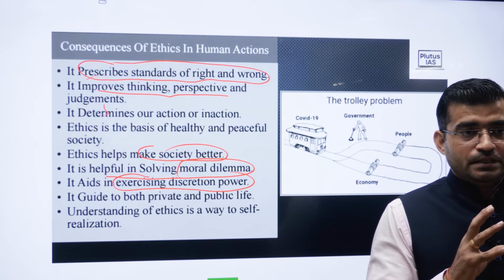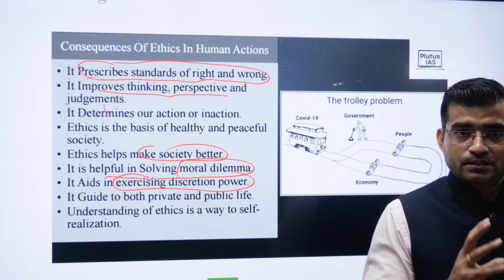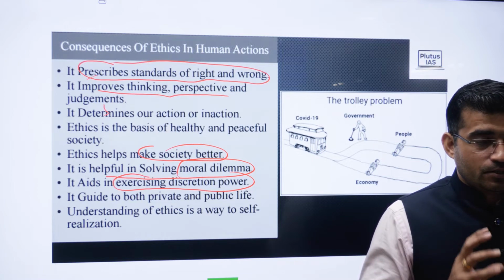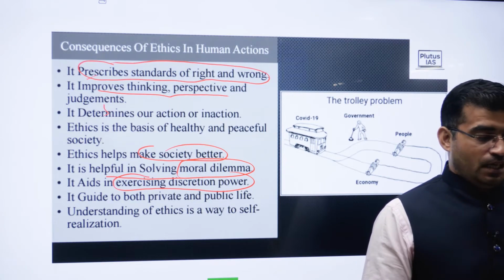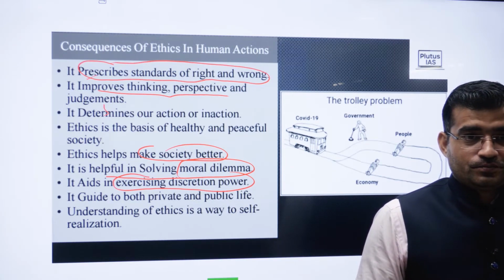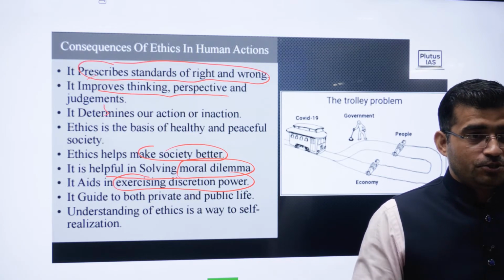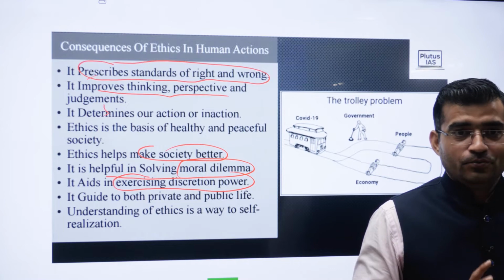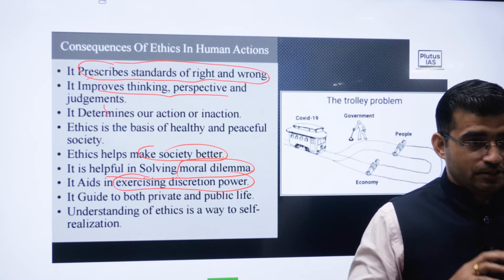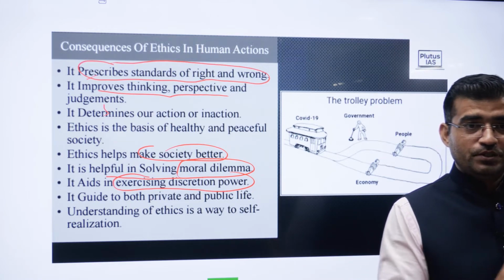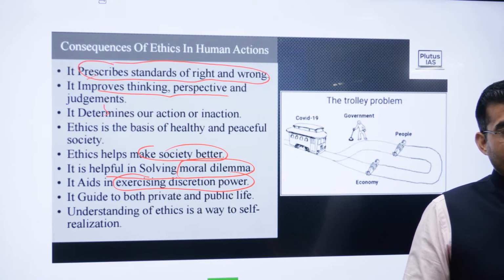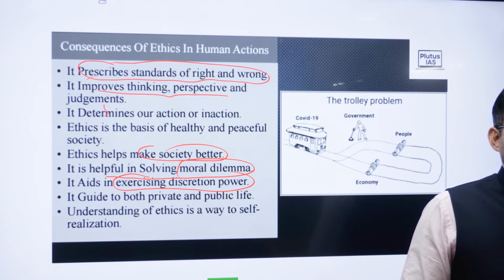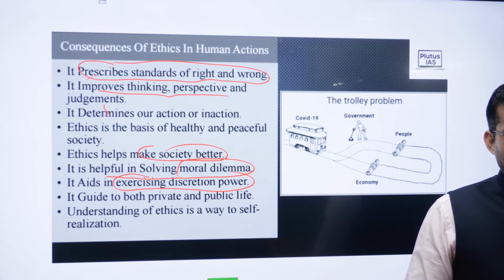In your family, everybody has some kind of discretionary power, depending upon the situation. Suppose your parent says that you are free to choose your career, in whichever field you want to pursue, and they will fund it. Then it is your discretion to choose whatever field you want. Similarly, if your parents give you pocket money, you are free to use that money to purchase whatever you want.